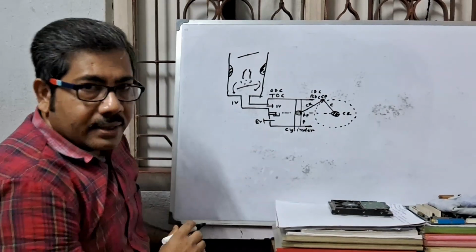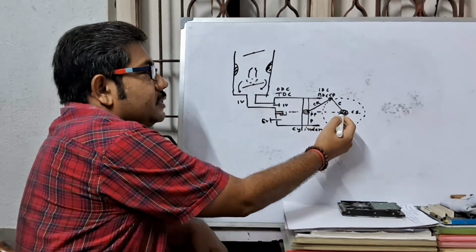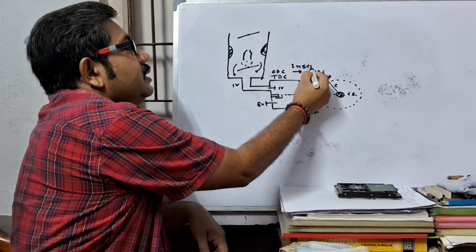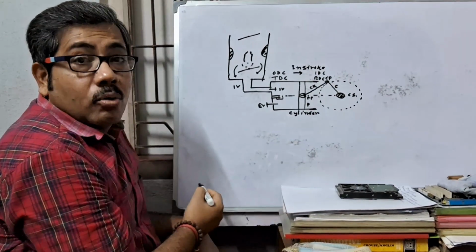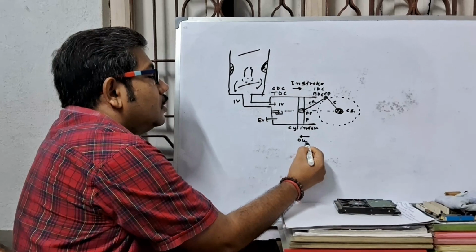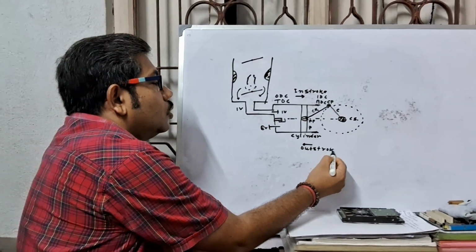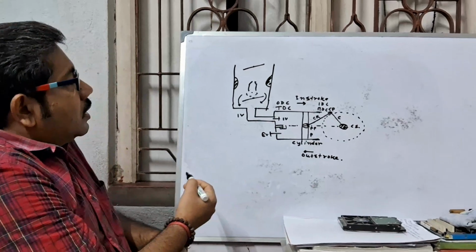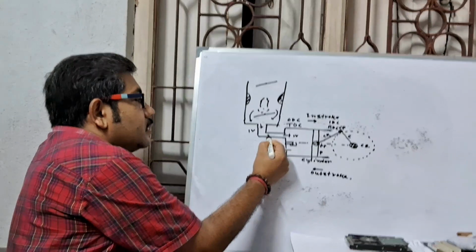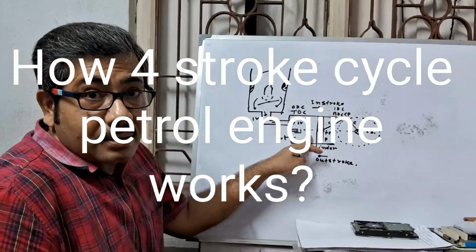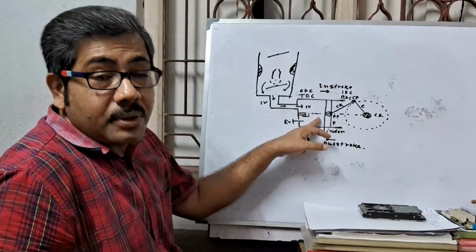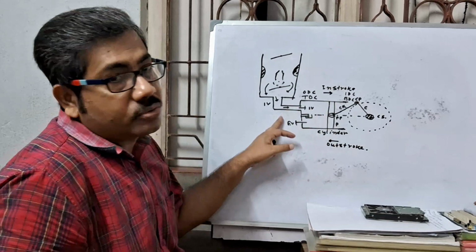When the piston moves from TDC to BDC, this is called the in stroke. And when the piston moves from BDC to TDC, this is called the out stroke. So the air petrol mixture from the carburetor should enter the cylinder, but it cannot, because there is no pressure difference inside and outside of the cylinder.